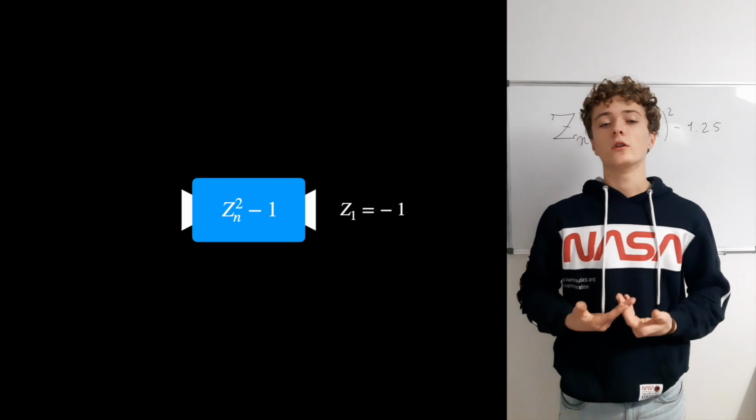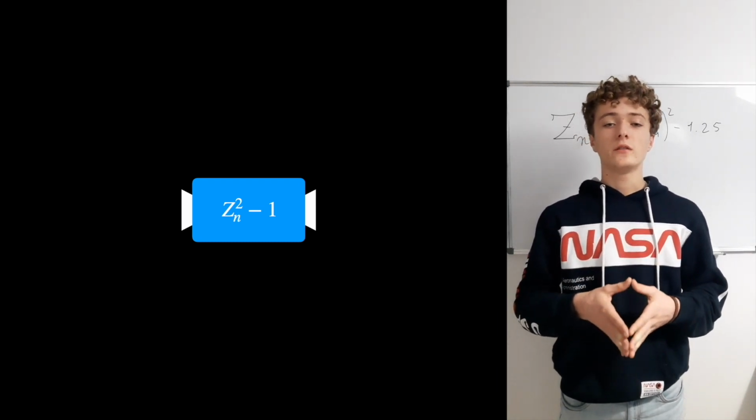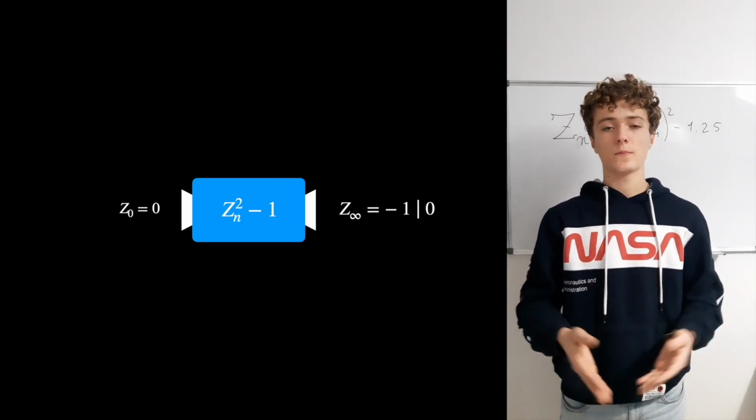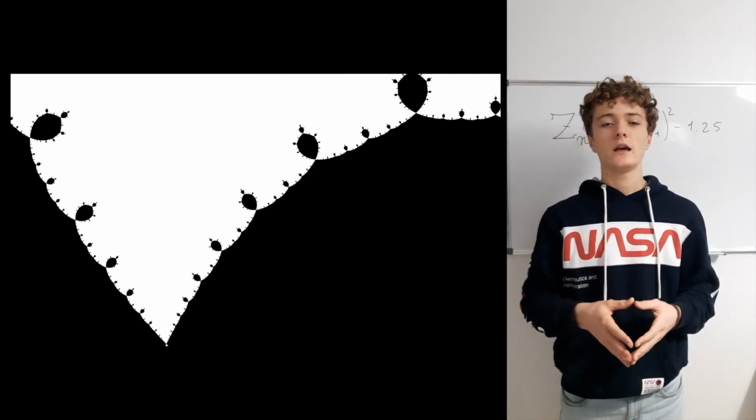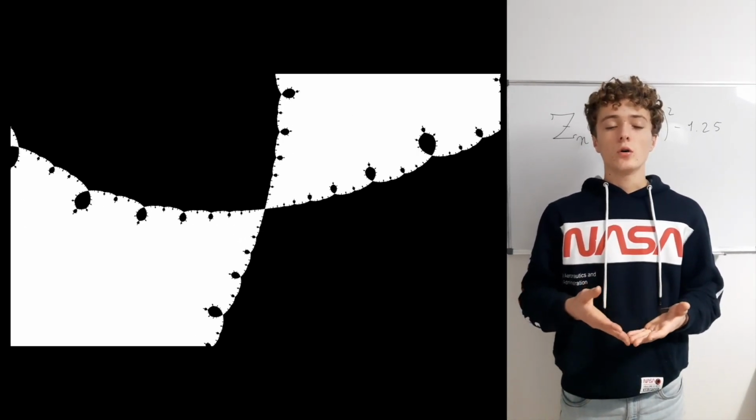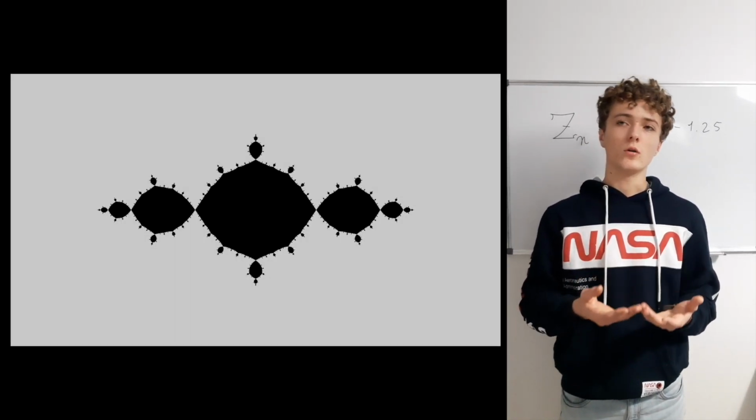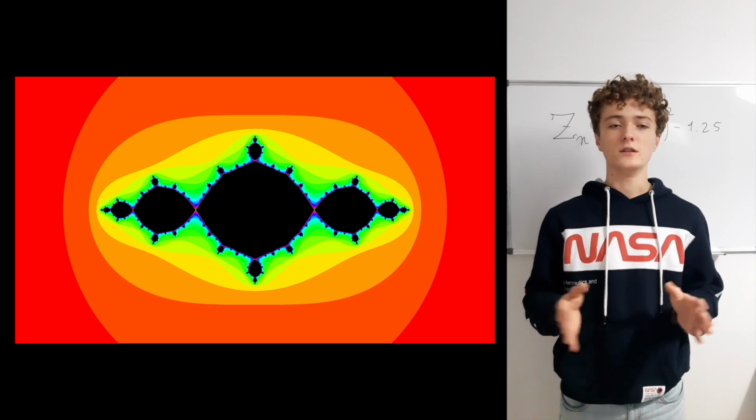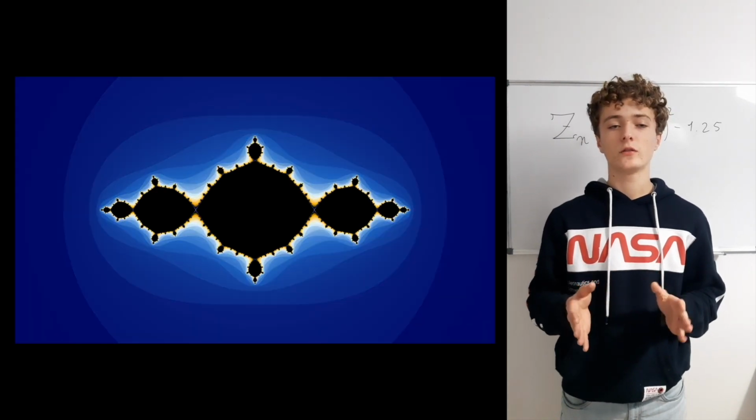And then, for each point, you make its sequence tend towards infinity. Finally, if the sequence is bounded, you color this point, often in black, and if it's not, you color this point with a different color. Often the color depends on the time taken by the sequence to diverge.